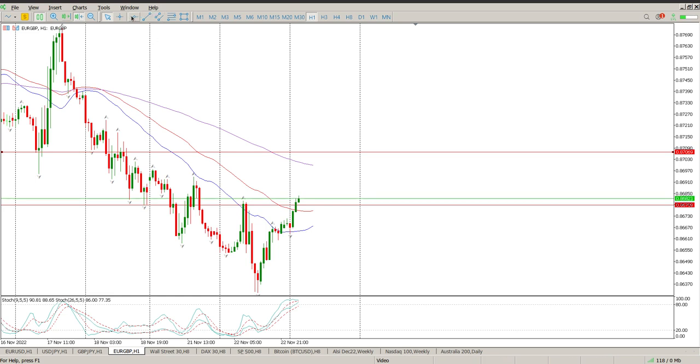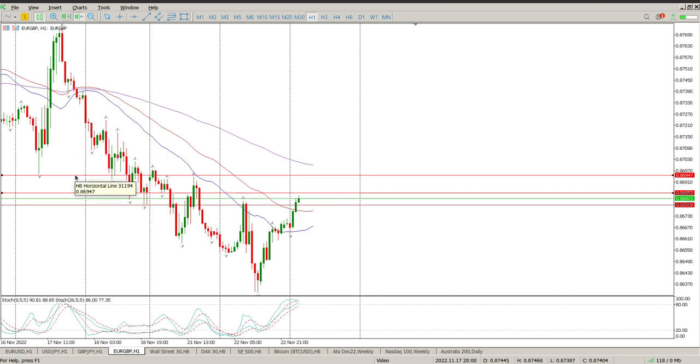So I'd be watching pretty much any of these tails, from the top down, that is 0.86948 and then 0.86853. A rejection from that area, I suspect we're looking for another move down.